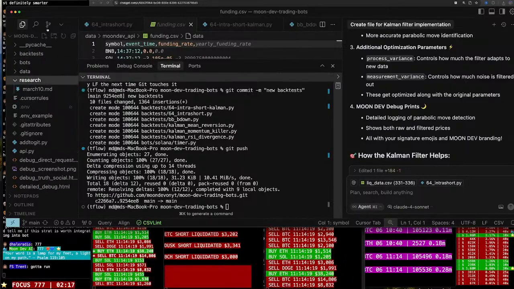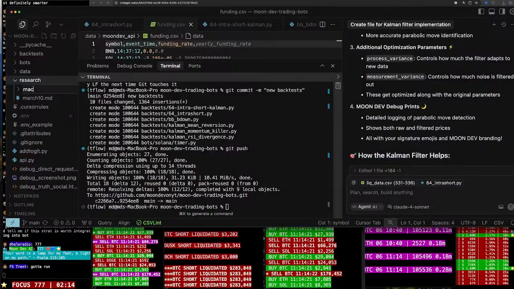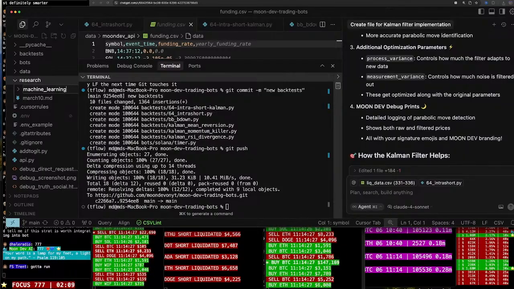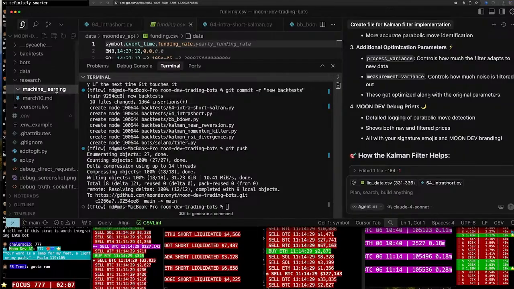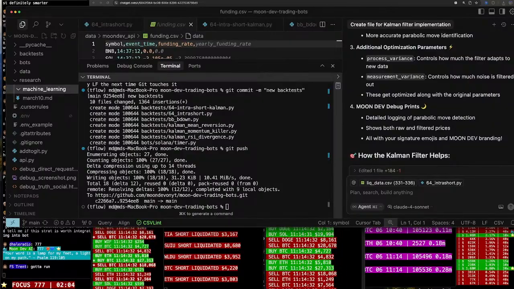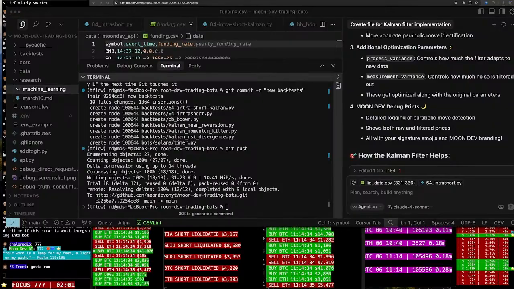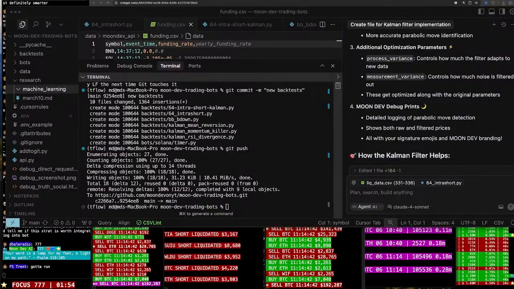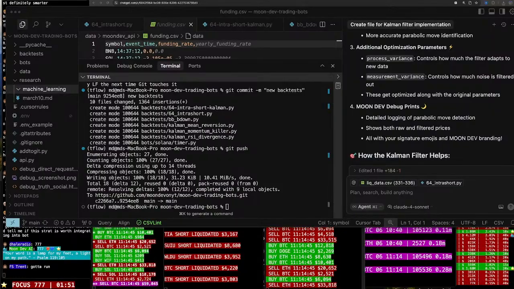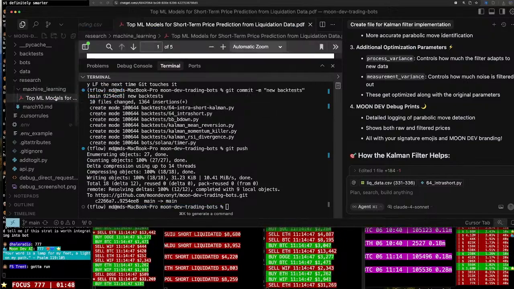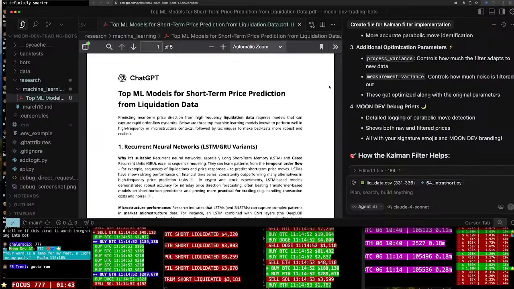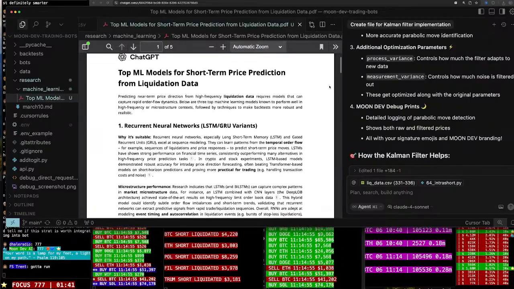Bots. Machine learning. Let's just put it there. How about that? Let's download it here. Here it is. All right, so top ML models for short-term price prediction from liquidation.